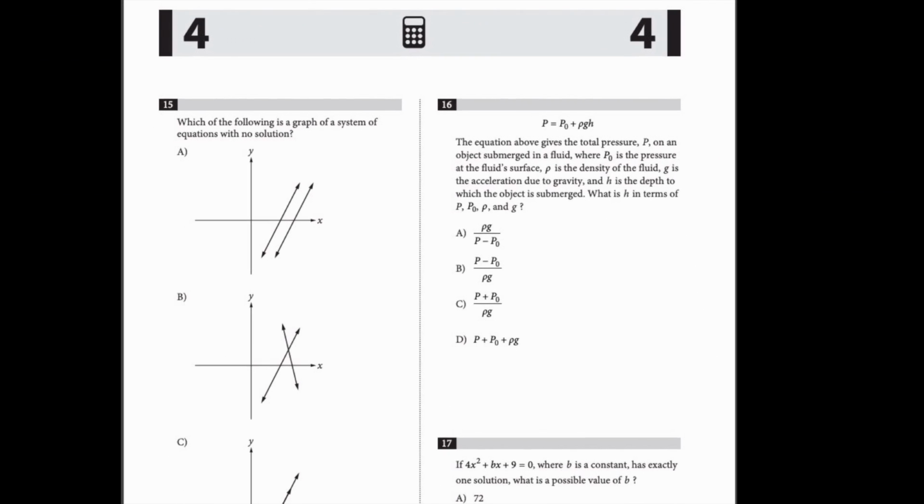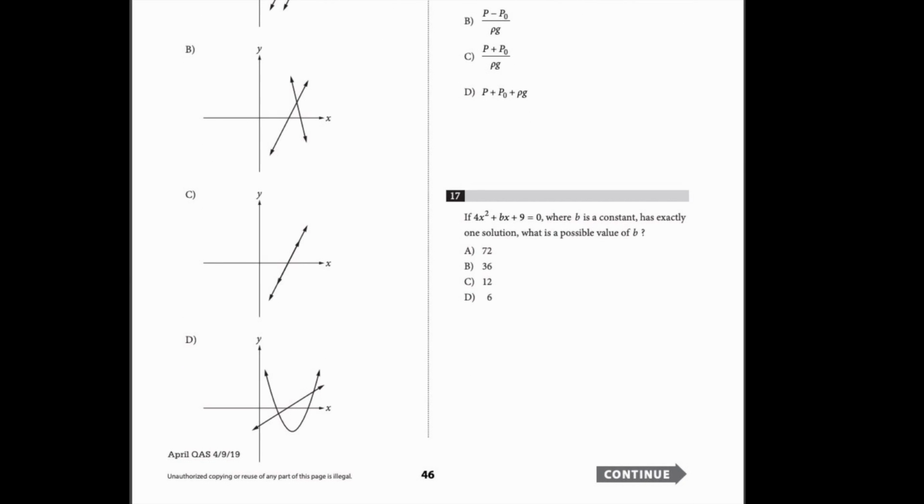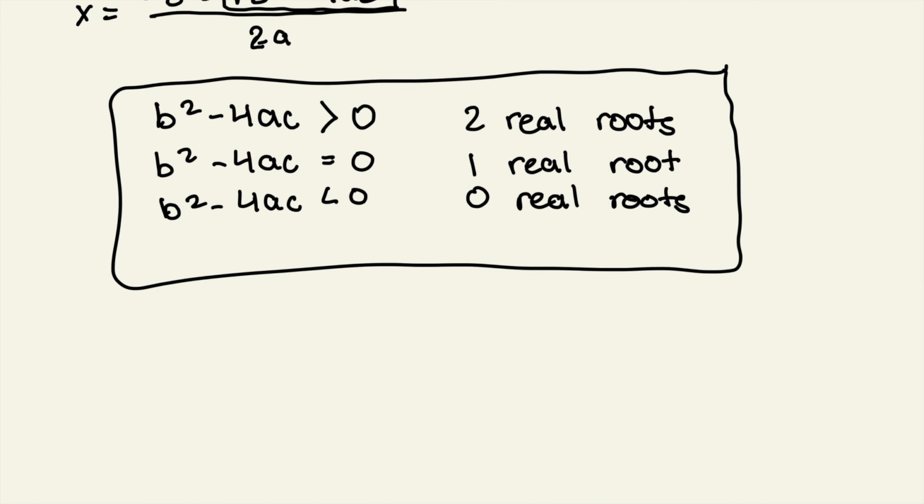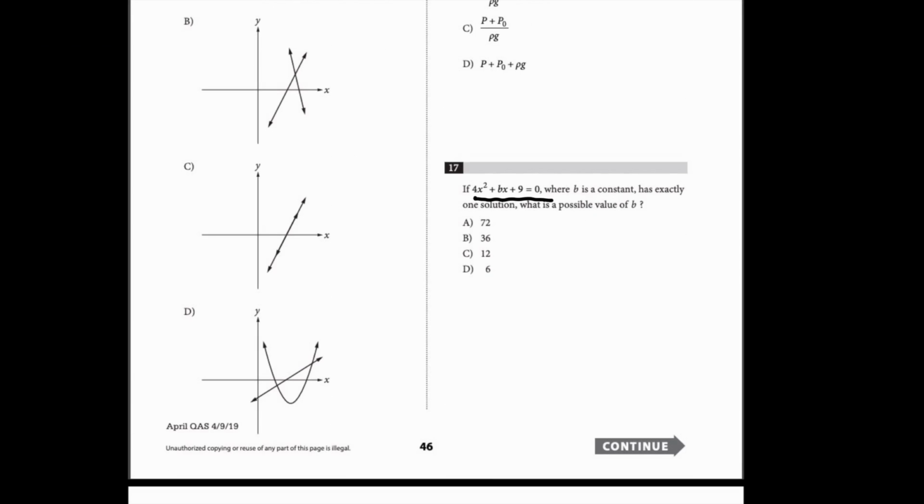So we can take a look at these problems here. Number 17 right here is a parabola problem. We're given a parabola where b is a constant and it has exactly one solution. Since it has exactly one real solution, we know we'll be using this middle formula right here: b squared minus 4ac is equal to 0.